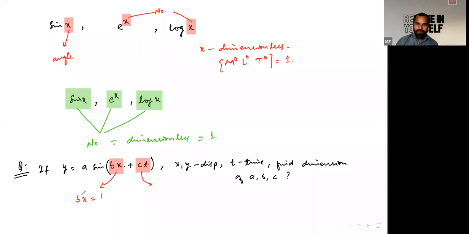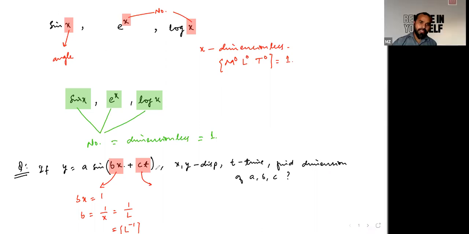We have the dimension formula for x and we have to calculate for B. So B would be nothing but 1 over x, and x is just length. So 1 over L. If we bring this to the numerator, it becomes L to the power minus 1. Is it clear to everyone?